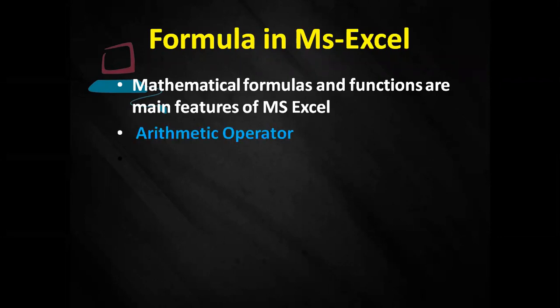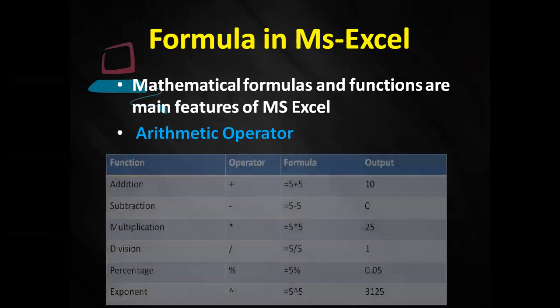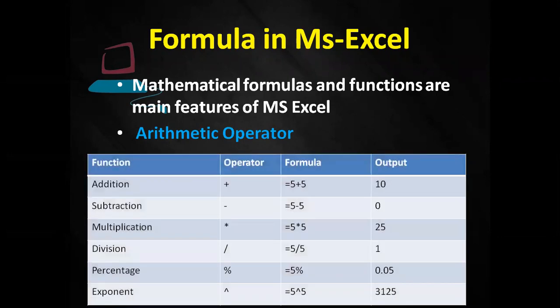To do all kinds of calculation, we need different operators. So for example, a few operators are there on screen. Suppose you want to do addition, then you need an operator, subtraction, multiplication, division, percentage, and exponent. If you want to do anything practical, then you have to use the operators.